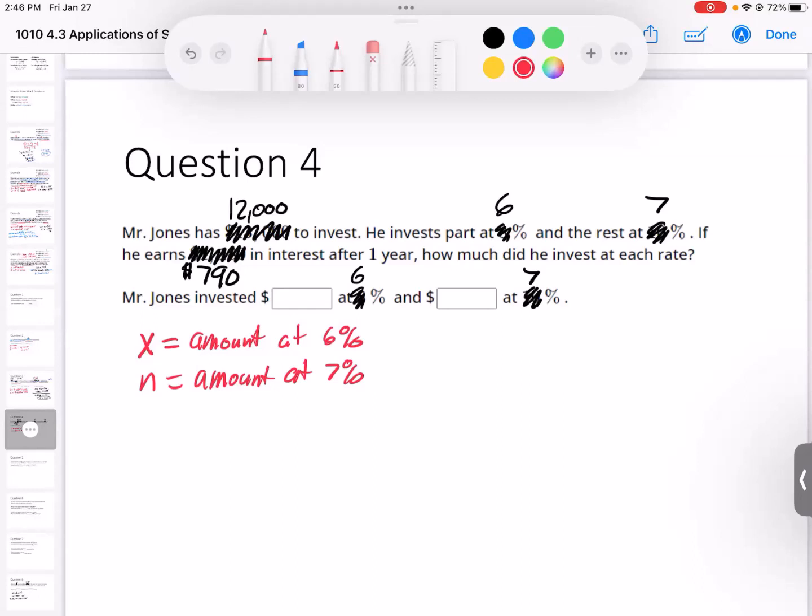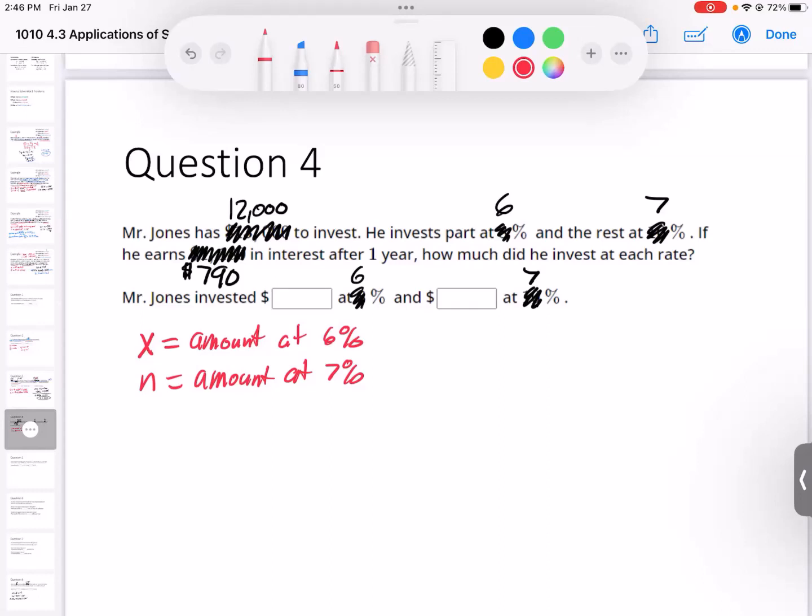And so those numbers are both measured in dollars. So separating it by units may not be helpful, but the types of money are different. You've got investing money versus interest money. And so that's going to be your distinction between your two equations.